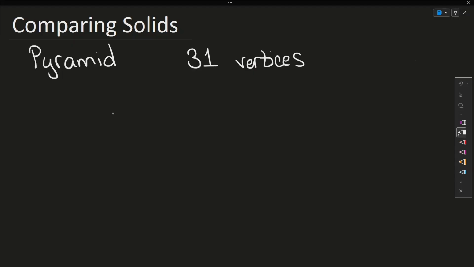Let's suppose we have a pyramid that has 31 vertices. For a pyramid with our n-gon base, our vertices is going to be equal to n plus 1. This tells us that n is going to be equal to 30, so our base will be a 30-gon.